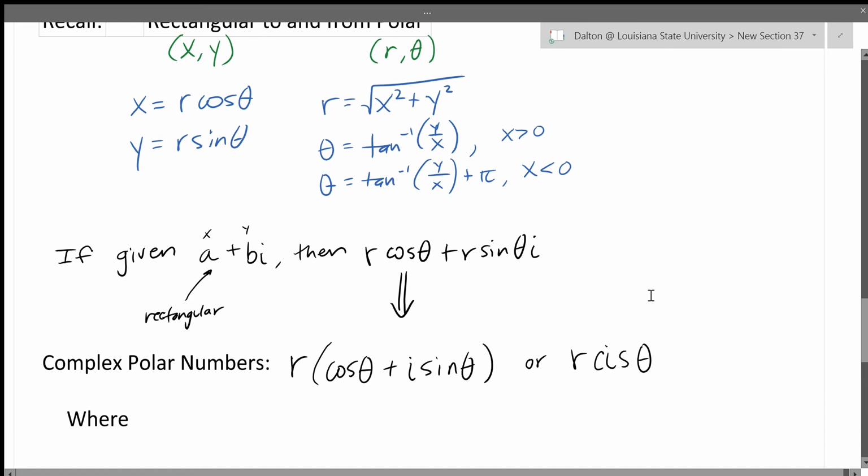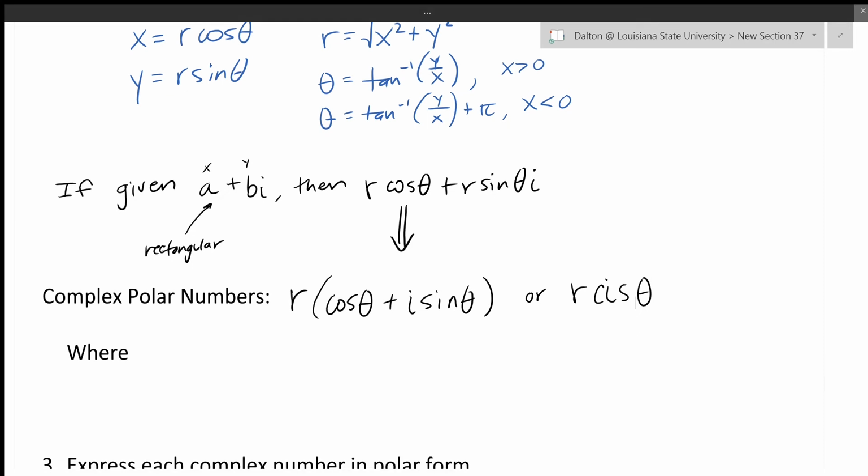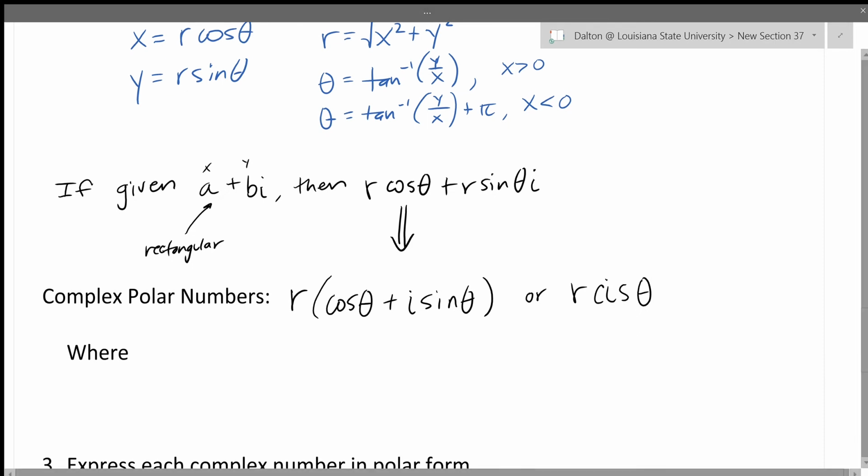Now, r and theta have, I don't want to say different meanings, but we call them different things in the complex plane. So in the complex plane, r, which is the length of our hypotenuse, is the modulus. r is what we call the modulus.